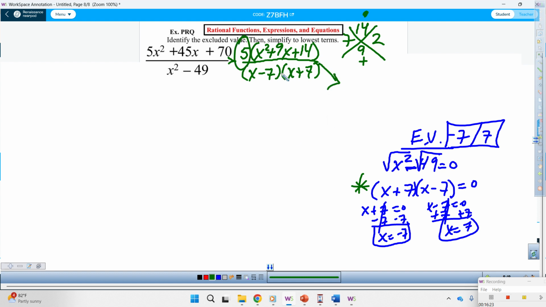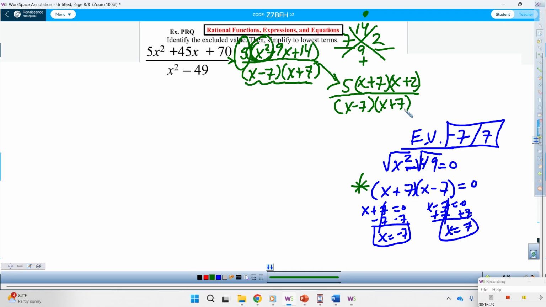So bring down the 5. Then you open two parentheses. The x squared becomes x times x. Then we have positive 7 and positive 2. The denominator we have what? This right here. X minus 7, x plus 7.